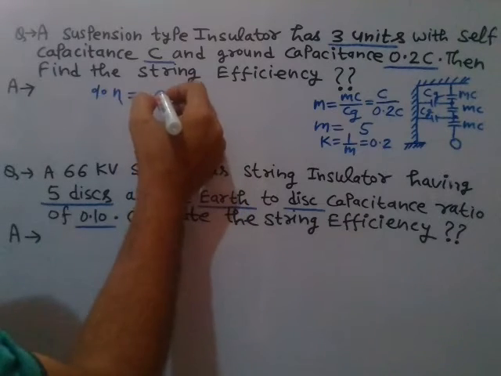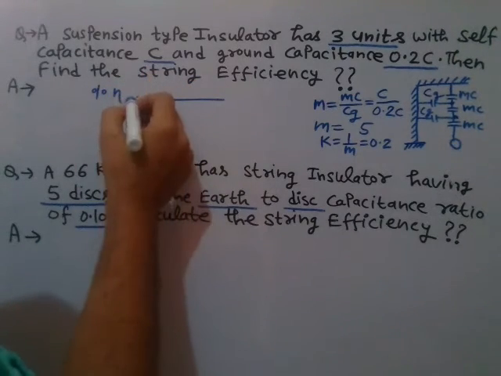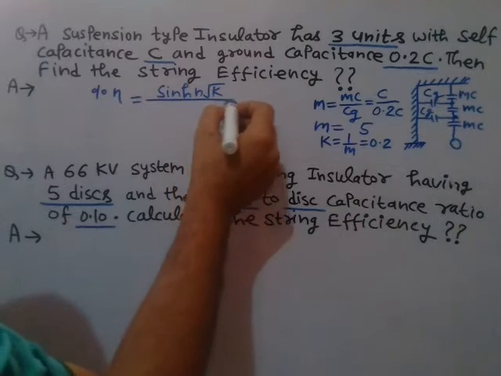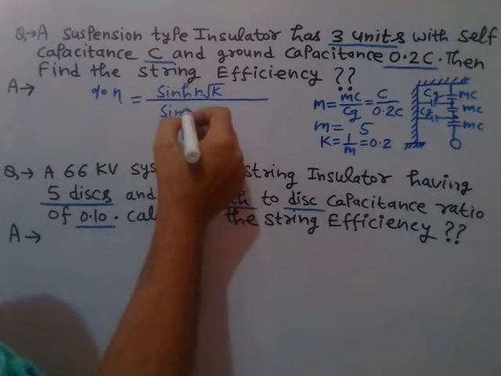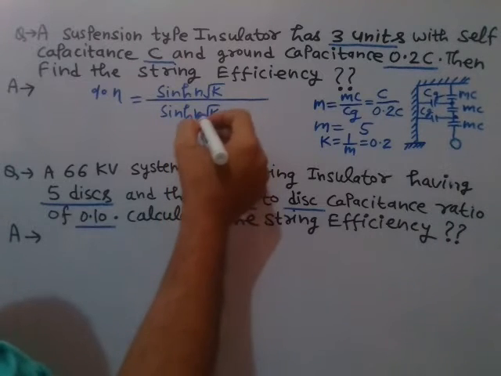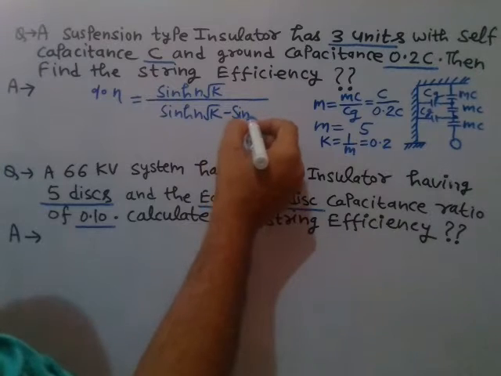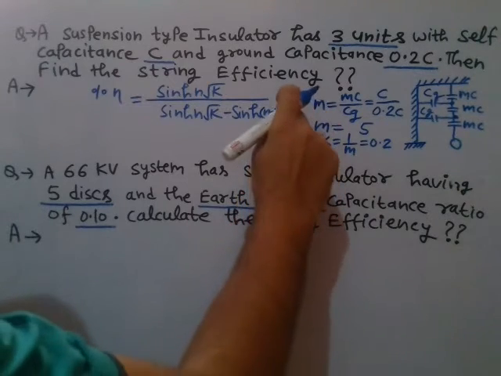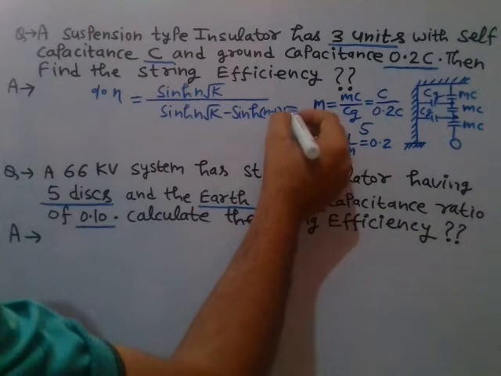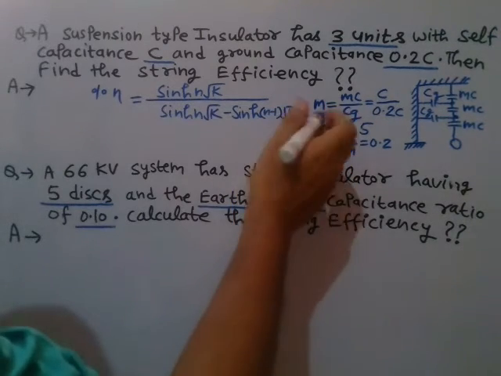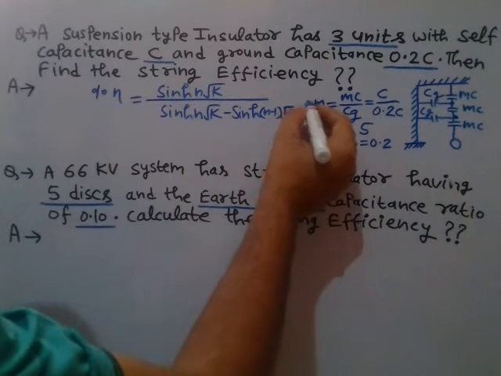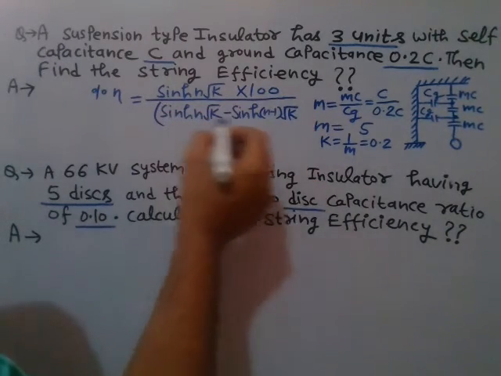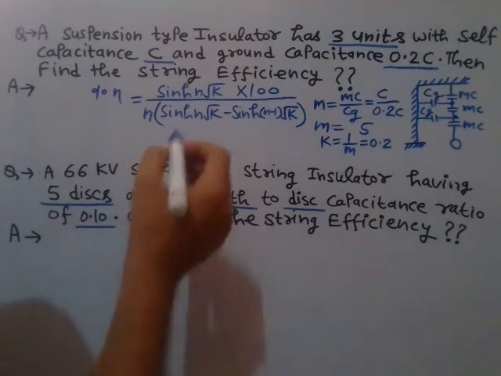Percentage efficiency is given by sinh(n root k) divided by sinh(n root k) minus sinh((n minus 1) root k), multiplied by 100 for percentage, and in the denominator divided by n.